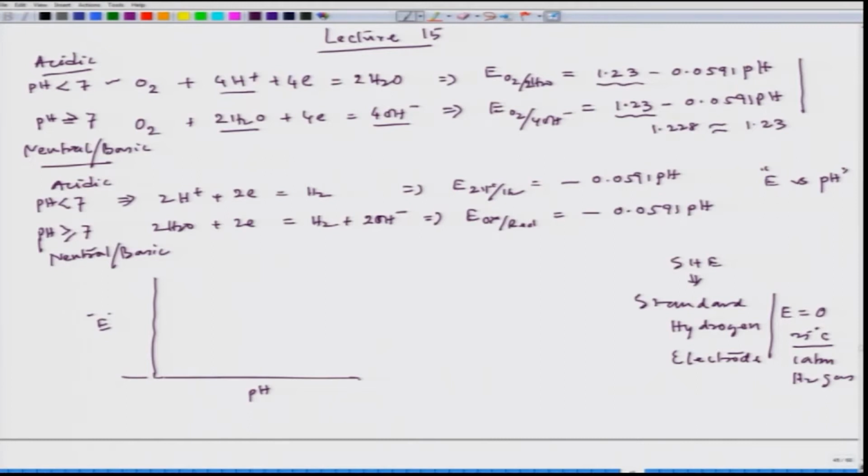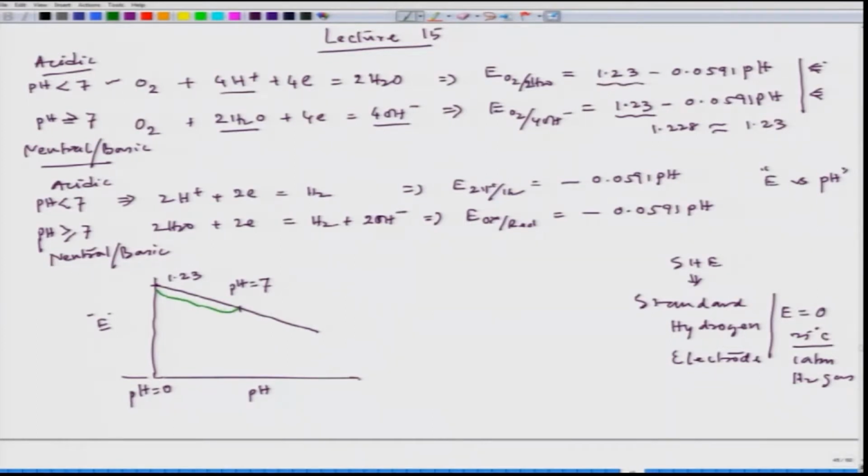Now, if we try to plot them, this is, let us say, 1.23 when pH equals 0. If this is the plot, and this is pH equal to 7, then the first reaction will be up to this.